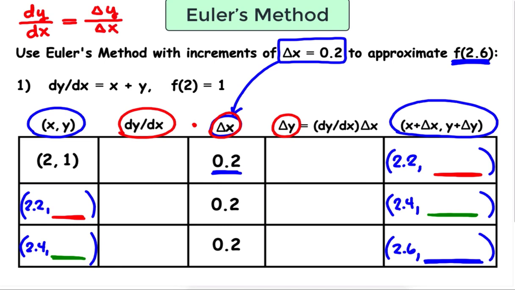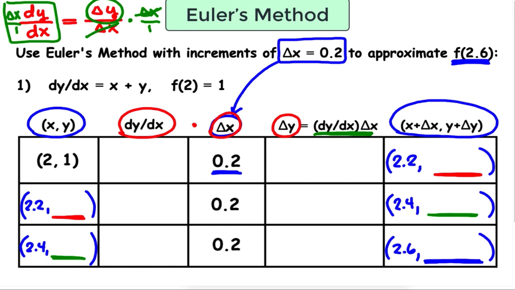It's that good old (y2 minus y1) over (x2 minus x1). Remember, delta means subtract. What if I took this equation and I multiplied both sides by delta x? Well, the delta x's would cancel, and you would see that delta y is equal to the derivative times delta x, which is exactly what we have here in Euler's method.